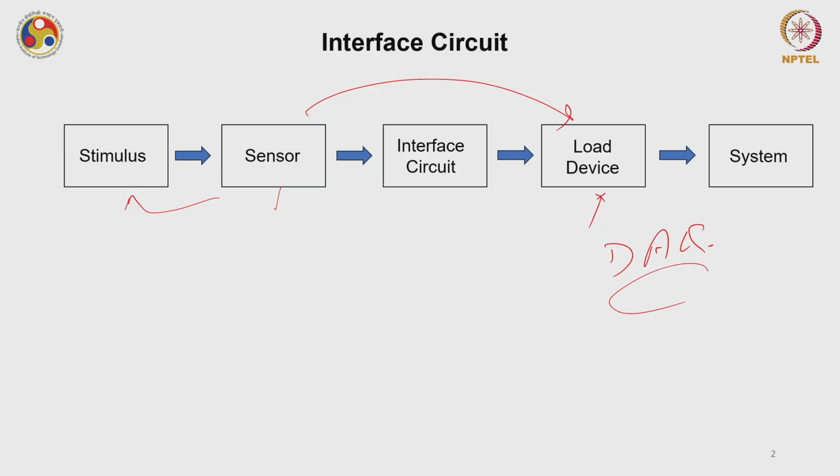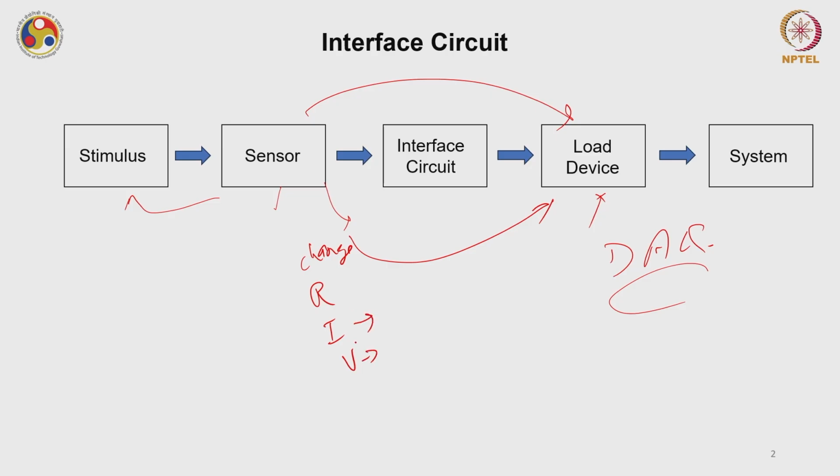The data output of the sensor has to be fed into this DAC. I am calling this the load for the time being. The data from the sensor can be in the form of change in resistance, or change in current, or change in voltage.